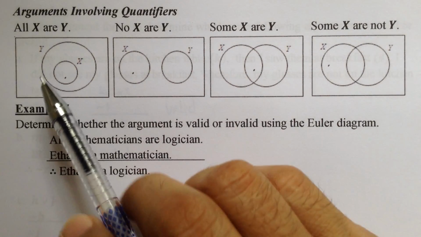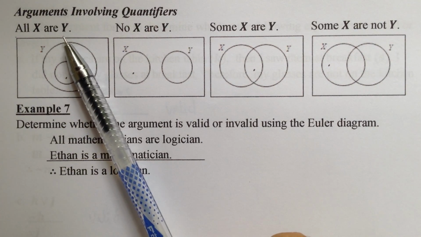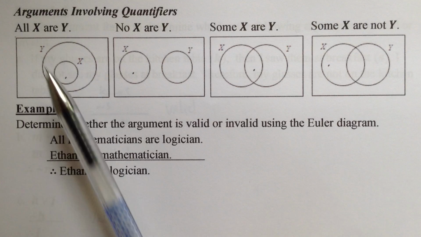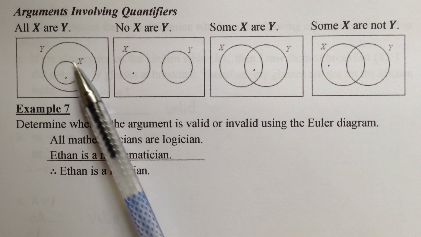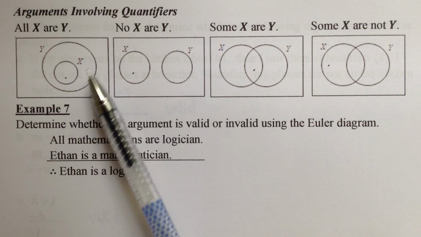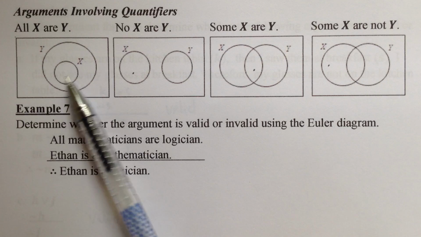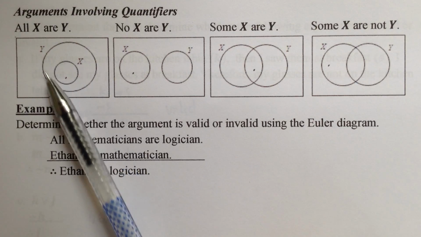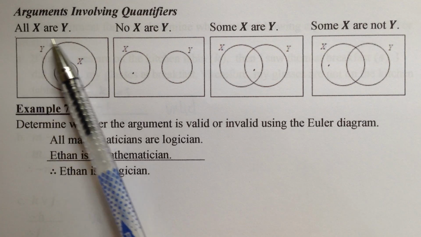So what do we mean by the statement all x are y? When you have all x are y, according to the diagram, it means that x is a subset of y, or x is inside y. So all x belongs to y.